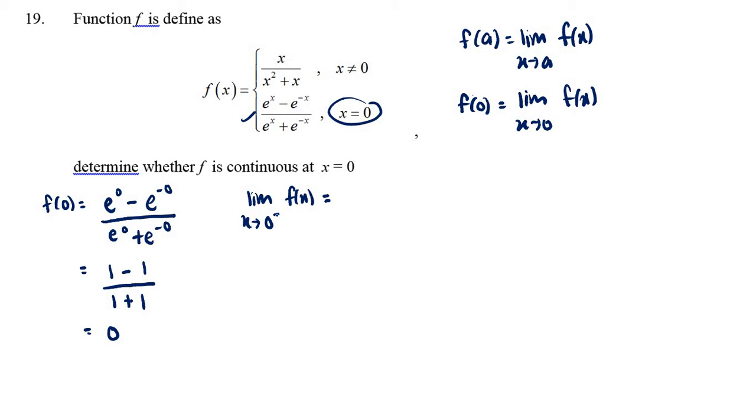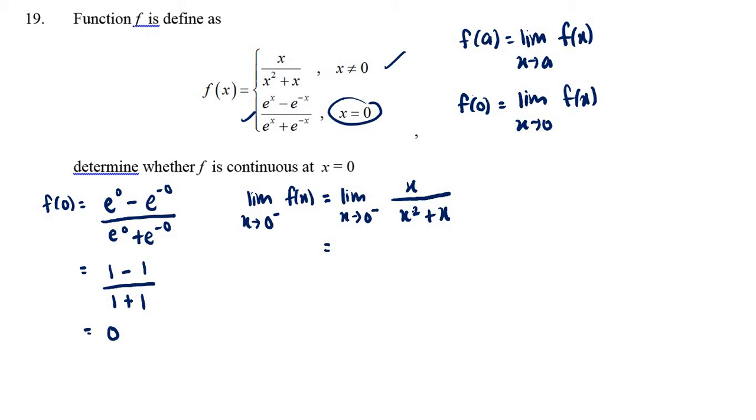Okay, so let's say I write down limit of f(x), x approaching 0 from the left. Okay, so the limit that we will use over here is limit x approaching 0 from the left. So that is the first function. Okay, so x over x square plus x. Okay, so dekat sini, kalau you use direct substitution, substitute 0 in x, you akan dapat 0 over 0.